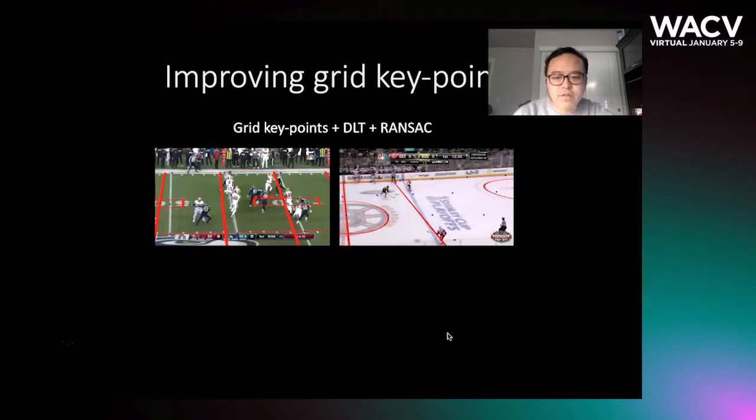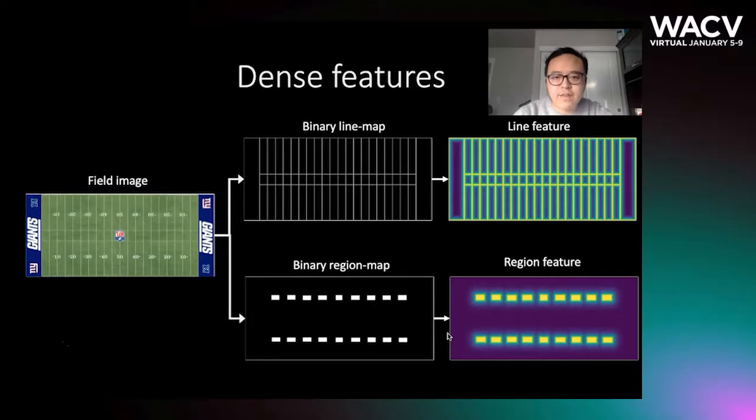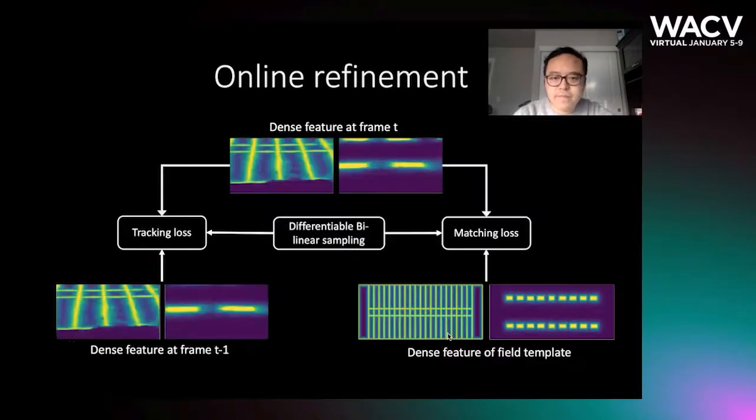But we can see from the two examples, the estimation is still not perfect. Then we propose to use dense feature-based online refinement. The dense features are defined as the distance of pixels to their nearest landmarks. Here we use two types of landmarks, the lines and the key regions. We first manually annotate the line map and the region map, and then we transform them to feature map by distance transform.